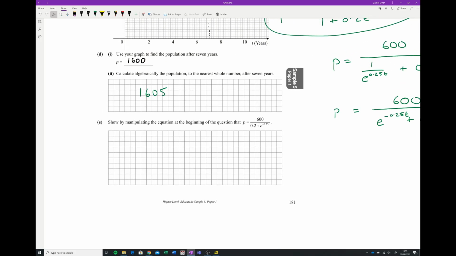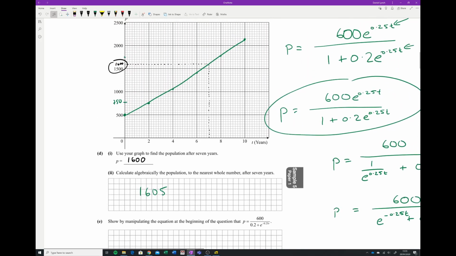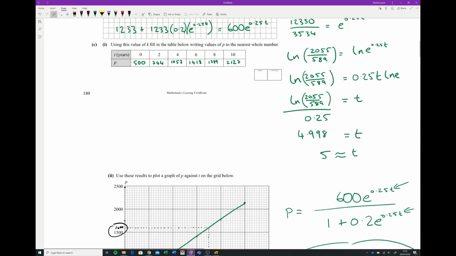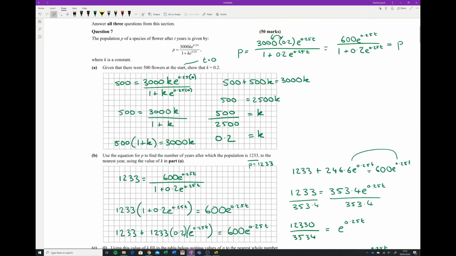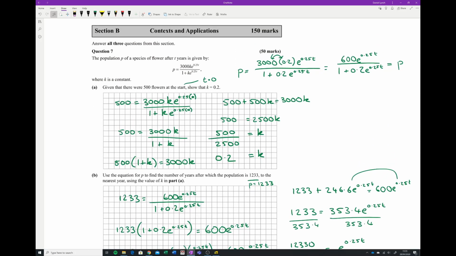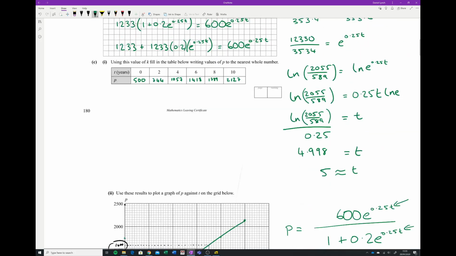When they talk about p, they're talking about this p here. So they're asking us to show why the population can never be 3000. If we flick back up here, I think you can see that 3000 is going to be something of an issue.